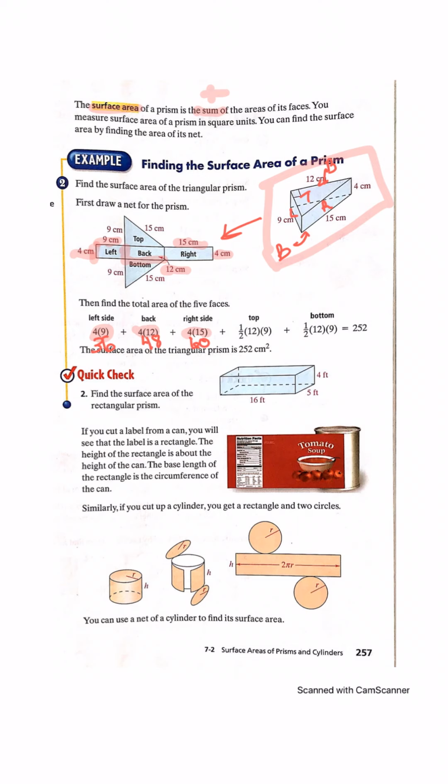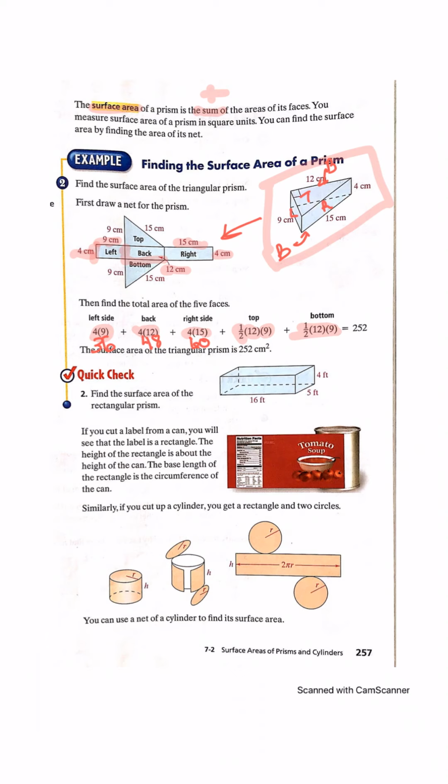Plus, now we've got to do the top and the bottom, but they are triangles. So we remember that when we're finding the area of the triangle, it's the height times the length, so height times the length times 1/2, or divided by 2. And same thing for both of those.